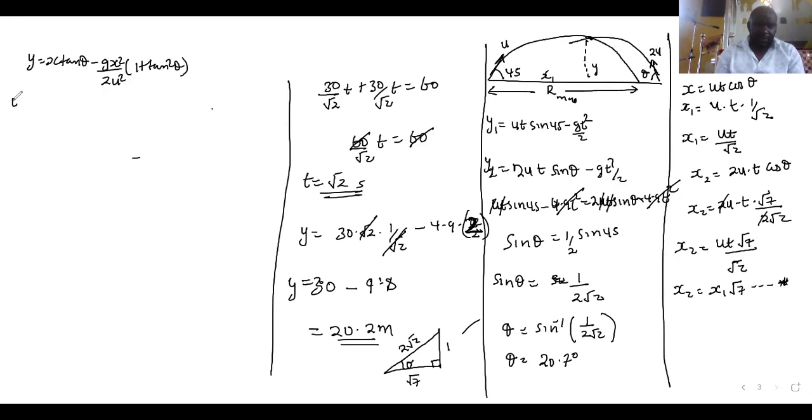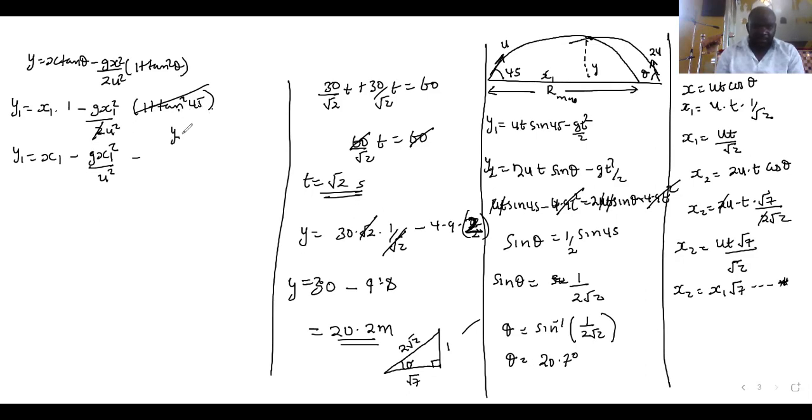I can show you that y1 is equal to x1 times tan of 45, which is 1, minus g of x1 squared over 2u squared into 1 plus tan squared of 45. This is 1, this is 2, so these 2 can be lost with this one. So y1 can be x1 minus gx1 squared over u squared. Then for y2, tan of theta is 1 over root 7.